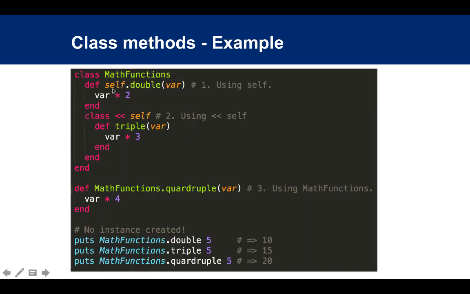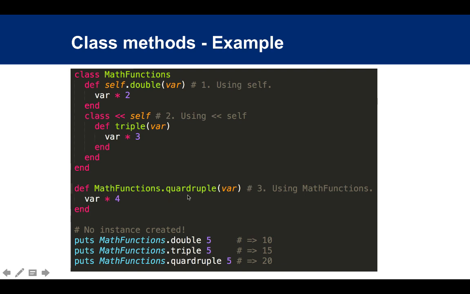You could do what I just described, which is self.method_name, as well as these other 2 ways, either by doing this interesting operator, class << self, which basically adds whatever follows into the class methods category as opposed to the class instance methods. Or you could just say the class name like this, dot the class method.